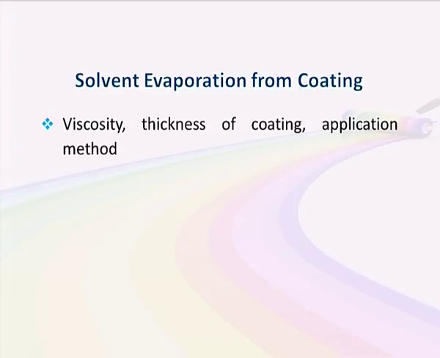Solvent evaporation from coating is very important, as viscosity of the solvent, thickness of the coating and its application method are all very important if we are considering the solvent evaporation from a coating.